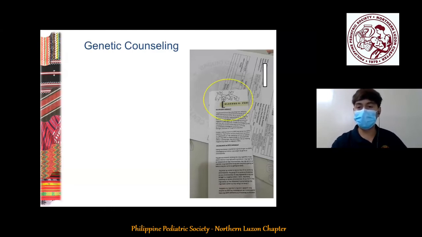Okay, so titignan nyo, nandun yung brochure binigay ko, nakalagay dyan yung drawing. Okay, sasabihin ko mamaya. So, yung patient natin is yung pinakadulo, yung XY, which is lalaki. 0.56 yung results to confirm.